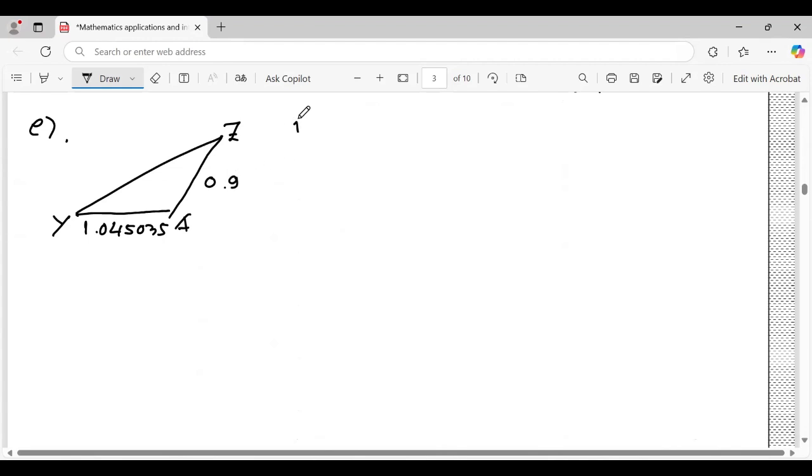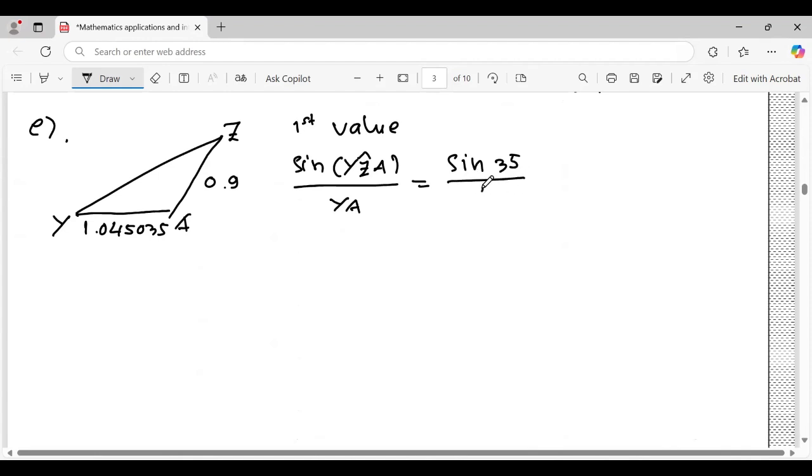So the first value you can calculate through the sine rule that sine YZA over YA equals sine 35 over 0.9, because this is 35.